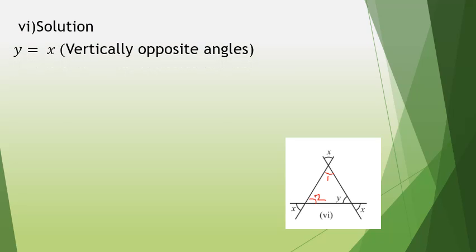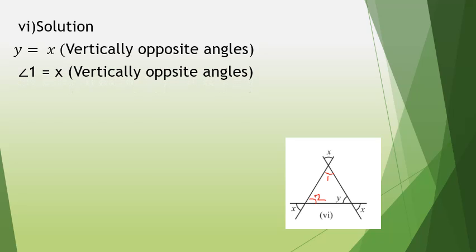Now our third question, look at the figure given. y equal to x, that is the vertically opposite angles given here. Now we can mark angle 1 and angle 2 in the figure here. This is angle 1. Here it is angle 2.